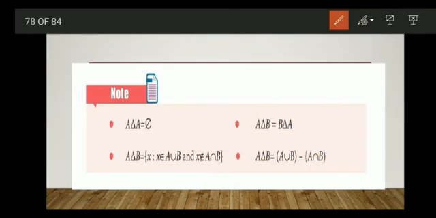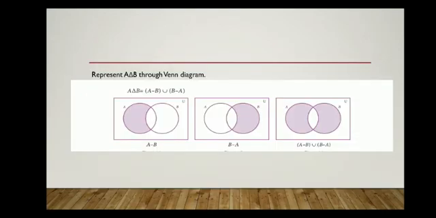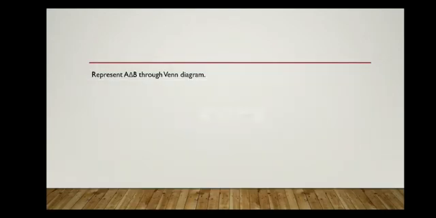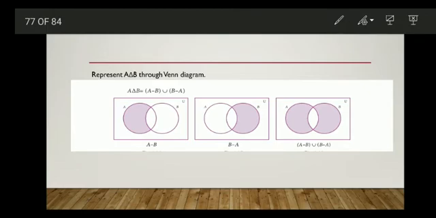Okay. So see the next one. A symmetric difference B is equal to X belongs to A union B and X doesn't belong to A intersection B. So when you see the Venn diagram, X belongs to A union B, but X is not there in A intersection B, right?